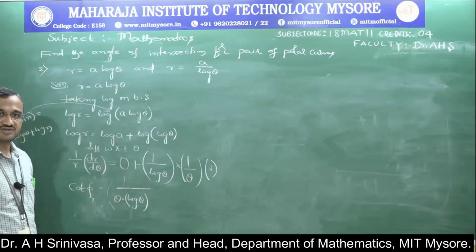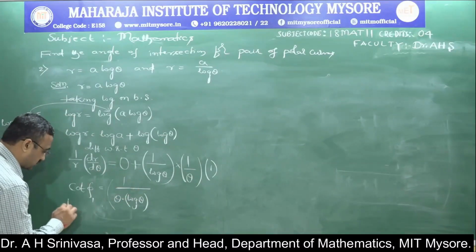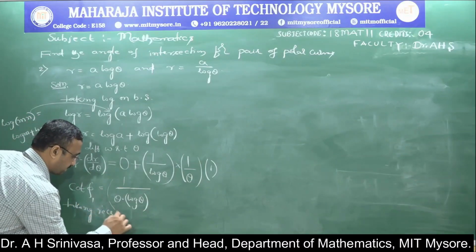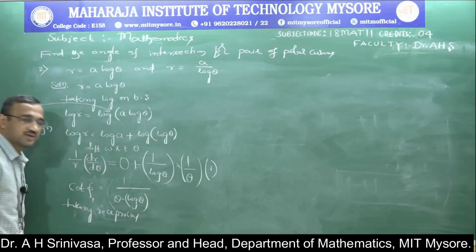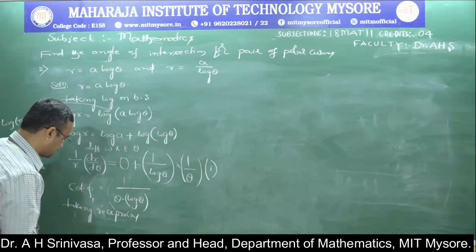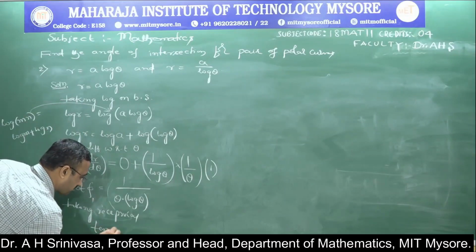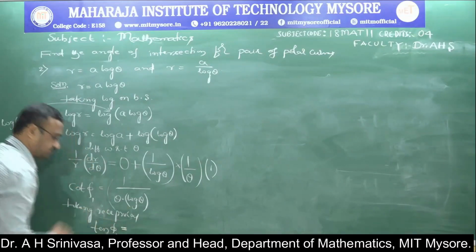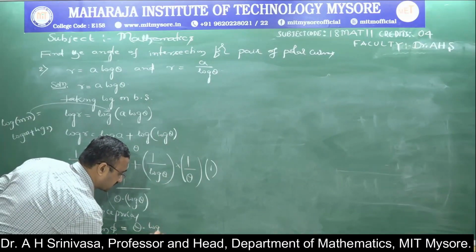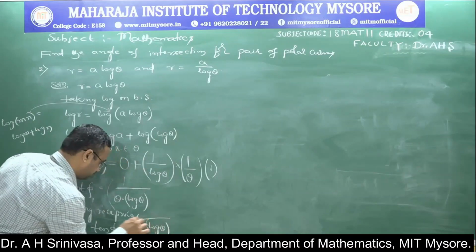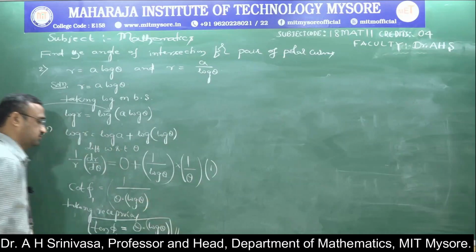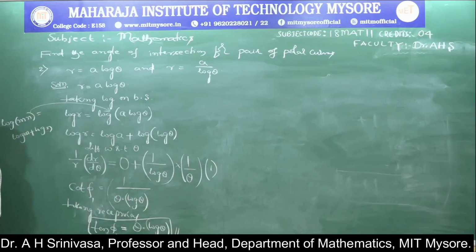If you take the reciprocal of this, the function entirely changes in terms of tan. That becomes tan phi 1, which should be equal to theta into log theta.